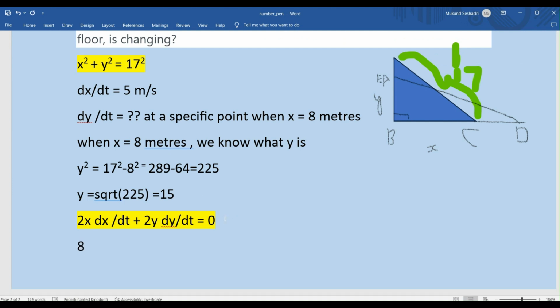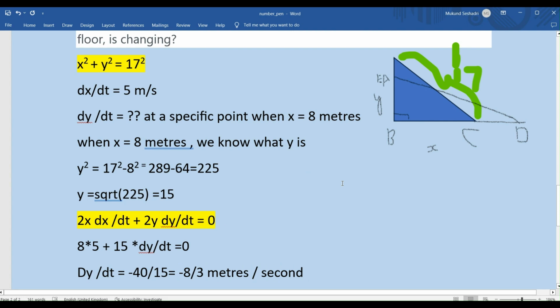We know dx by dt, which is 5. And we know y, we just calculated that. And we can find dy by dt from this equation, right? So dy by dt equals minus 8 into 5, which is 40, divided by 15, which is further factorable to minus 8 by 3 meters per second.